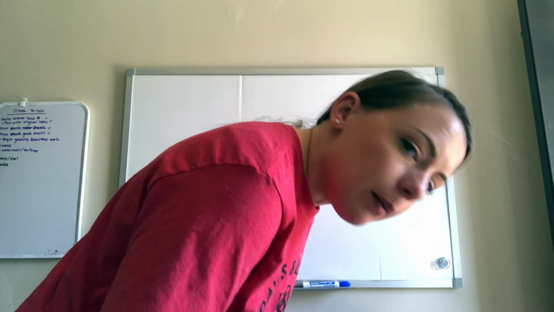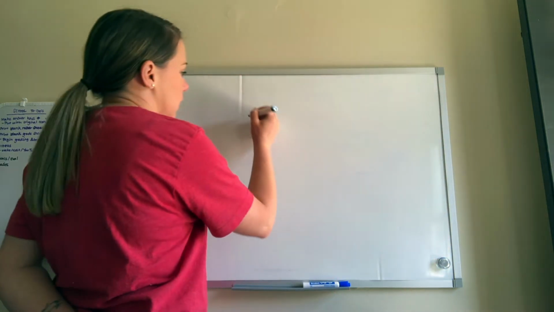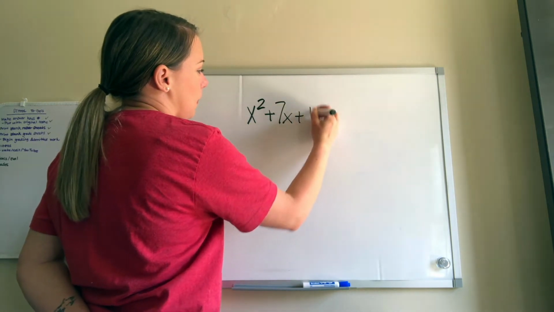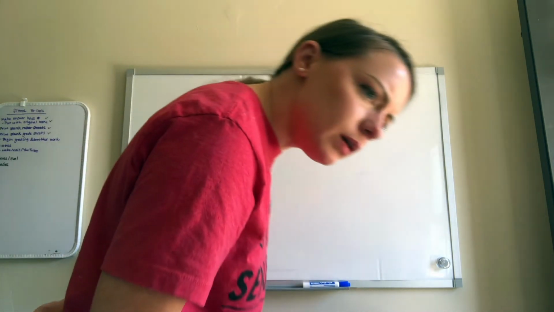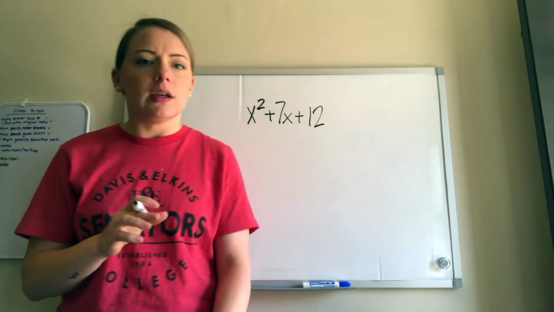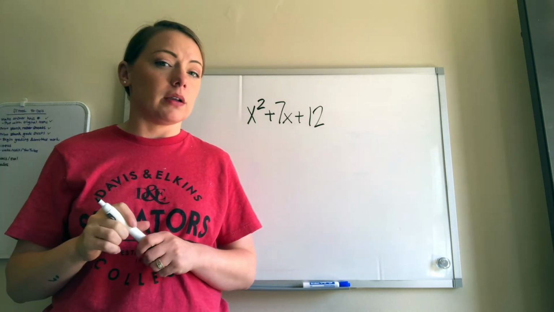X squared plus 7x plus 12. Now yours actually has it set equal to 0, but I want you to imagine that equal to 0 part is not there.